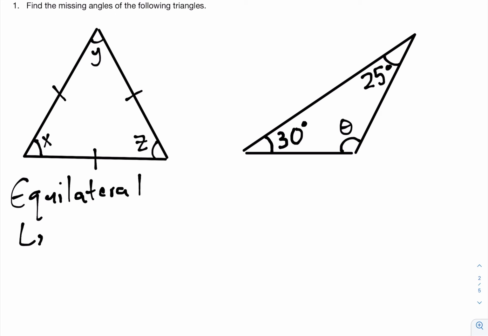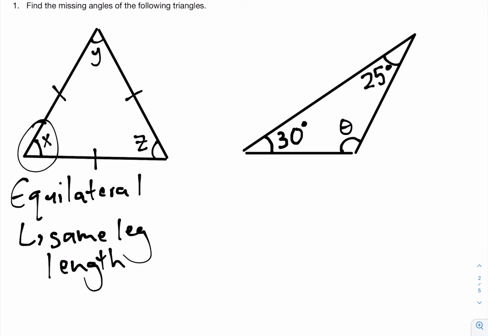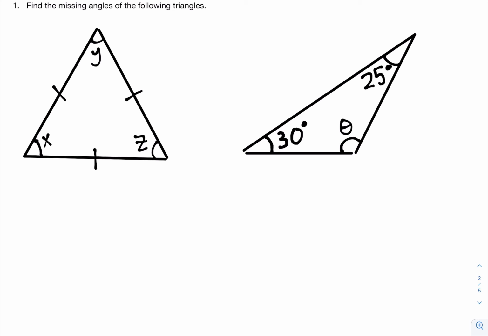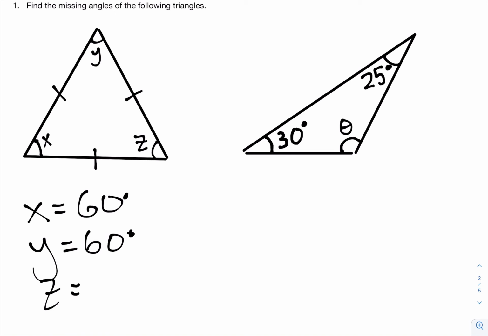For equilateral triangles, all of the legs have the same length, and that means that all of the angles have the same value. For any equilateral triangle, the angles are going to be 60 degrees. So x is 60 degrees, y is 60 degrees, and z is 60 degrees.